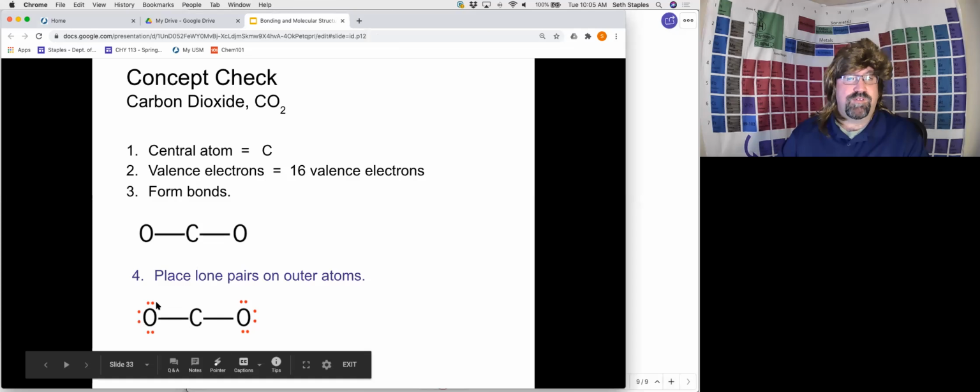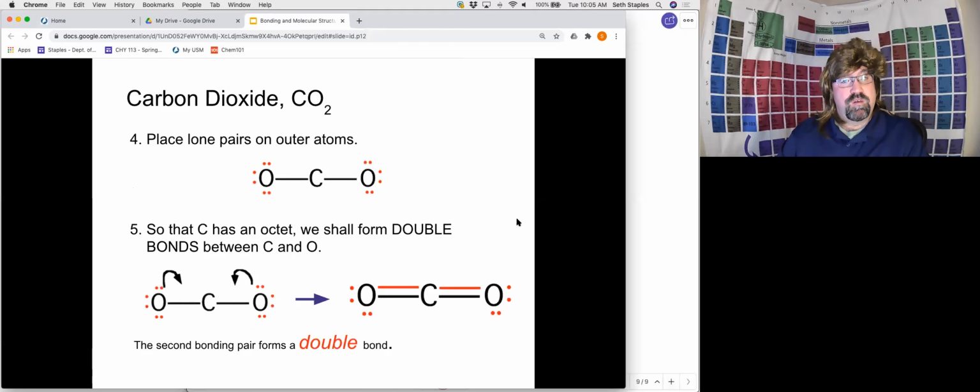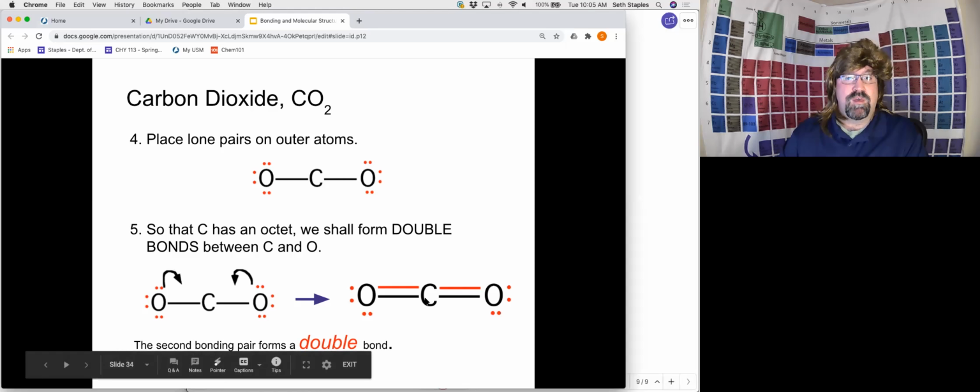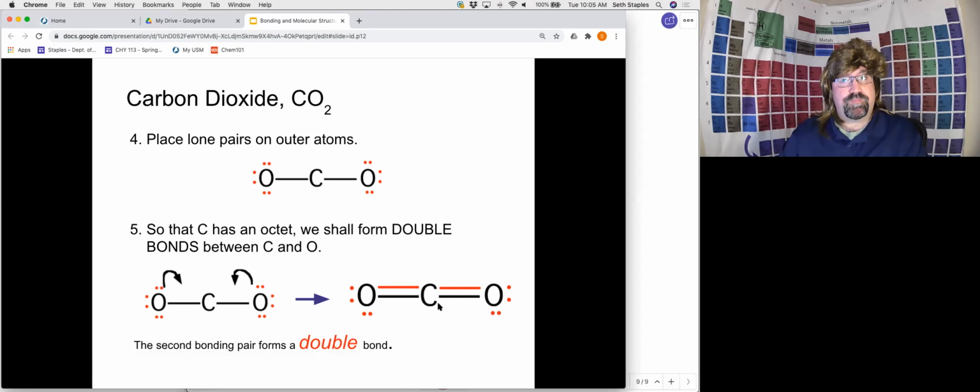And we see that we've used 16, so we've now used all of our electrons, but carbon doesn't have an octet. So we're just going to steal some of those electrons. We're going to steal a lone pair from this oxygen, dump it into the middle. We'll steal a lone pair from this oxygen and dump it in the middle. And we end up with 2 double bonds between our carbons and our oxygens.